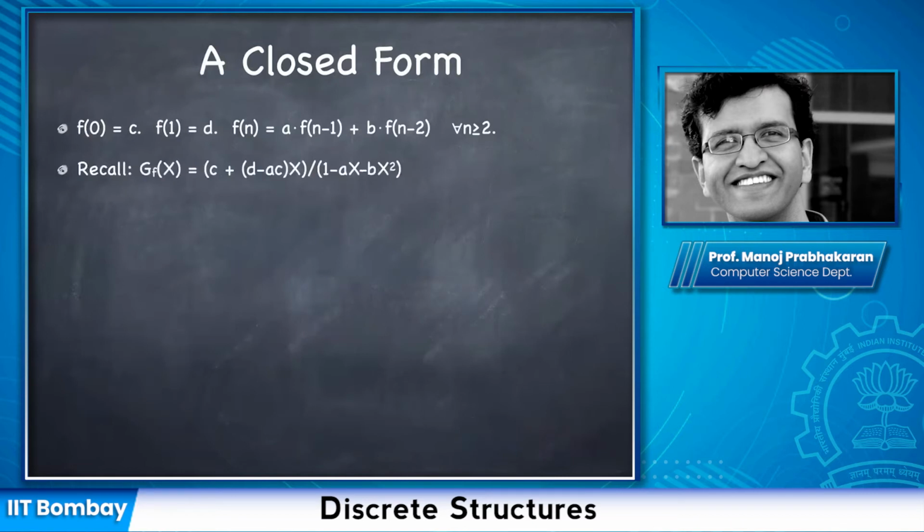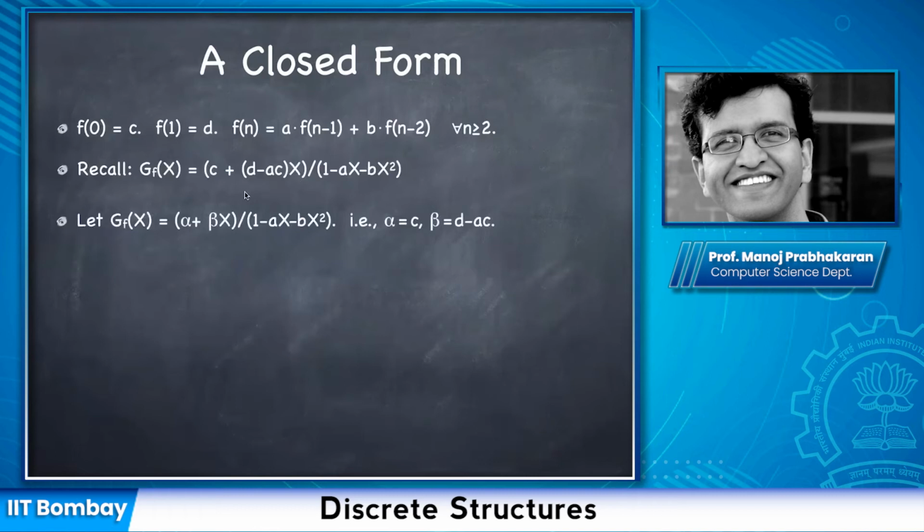Okay, so I'll start off with the generating function, which we've already seen for this. Let me write that down here. And then the goal is to derive a closed form expression for the coefficient of x to the power k.